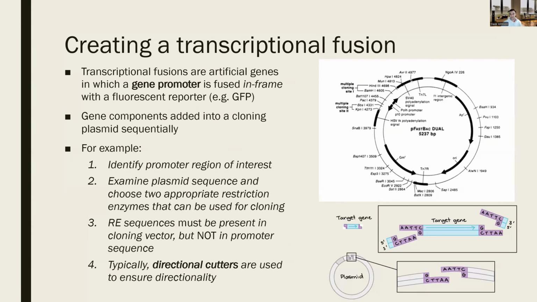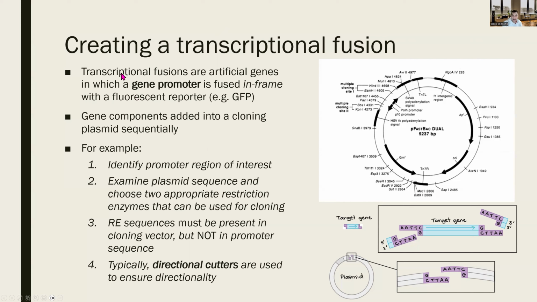So the way we do this is simple. All genes have an upstream sequence called a promoter. And as hopefully you remember from some of my other videos, promoters are where RNA polymerase is going to land prior to transcription.